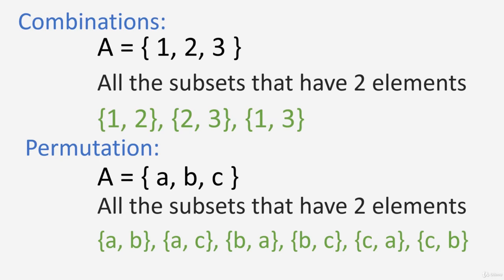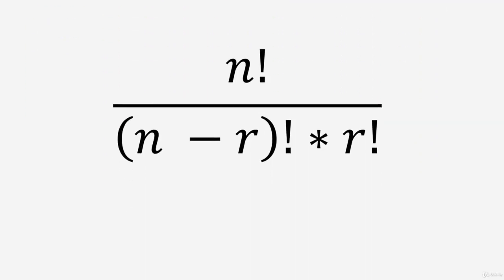And since the formula for combinations is not so easy to come up with, I will show you the formula right now. So that is it. Now, I will at least tell you what that means. So, since we are picking r elements from n, we can compute this n factorial divided by n minus r factorial.